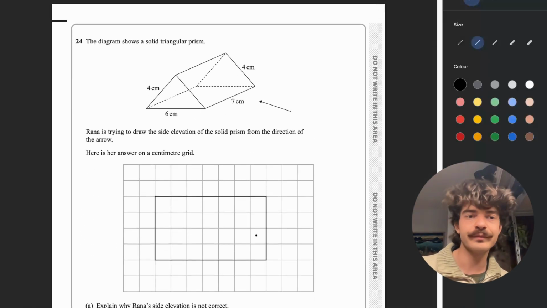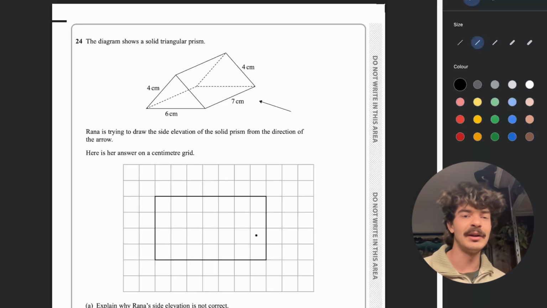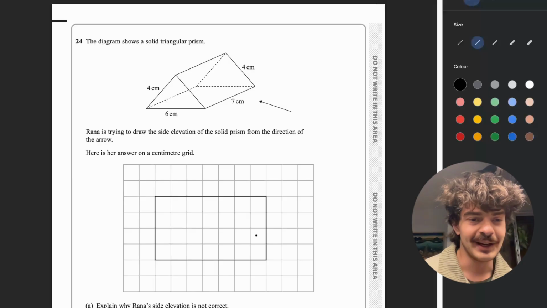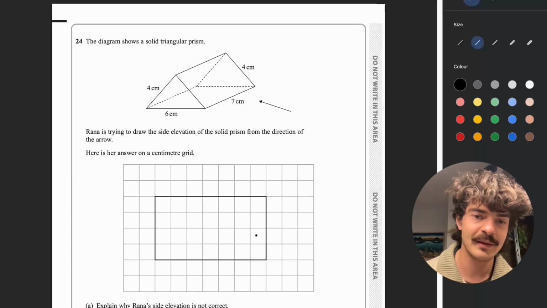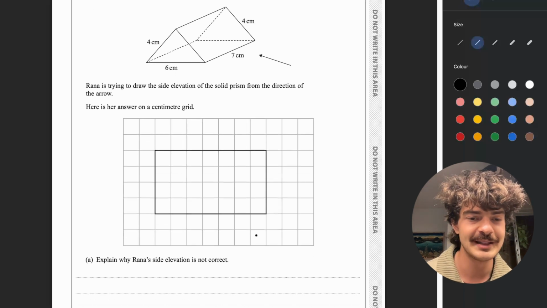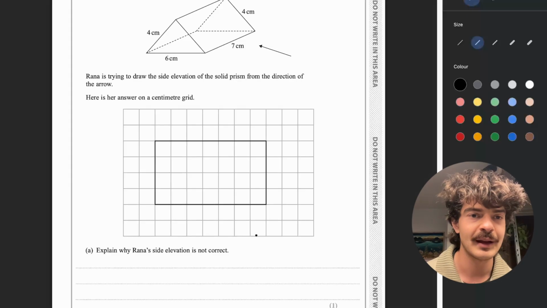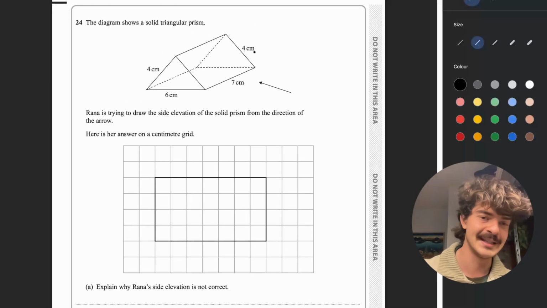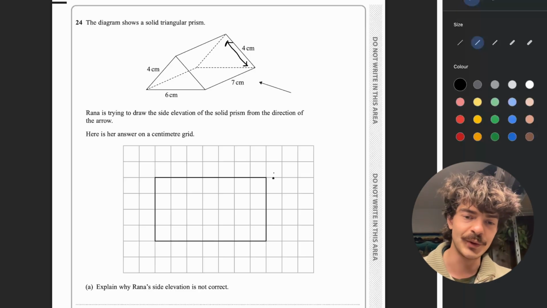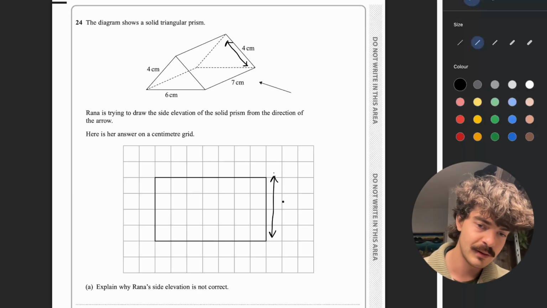Okay. Here we see a solid triangular prism. We're trying to draw the side elevation, looking at it from the arrow that she's drawn. Explain why her drawing is incorrect. Well, the logic is that in this triangular prism, we've got this diagonal height as 4. But she's drawn the vertical height as 4.